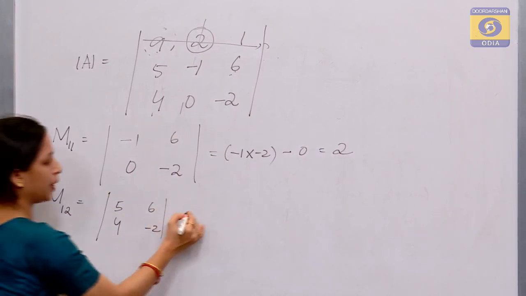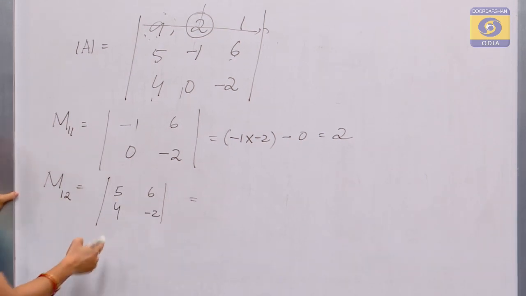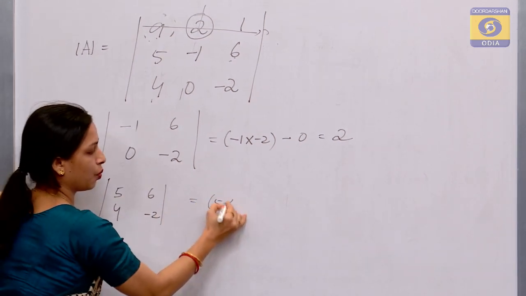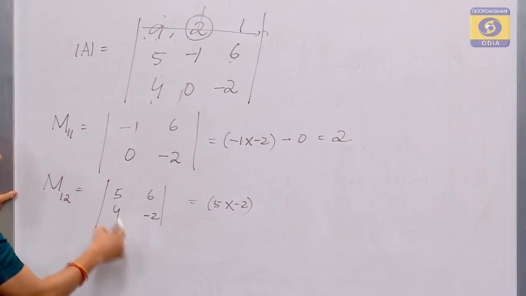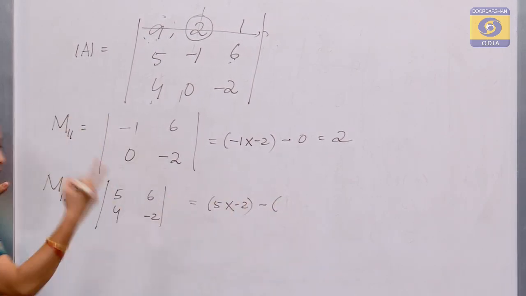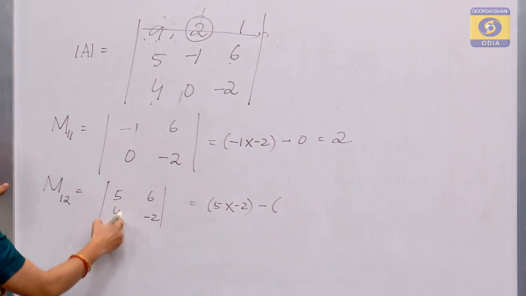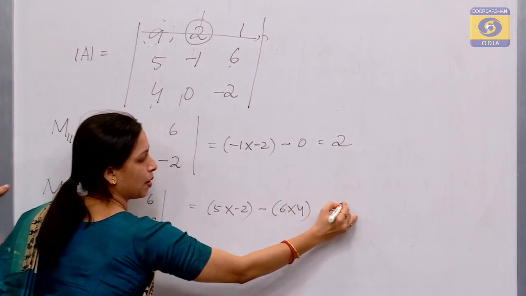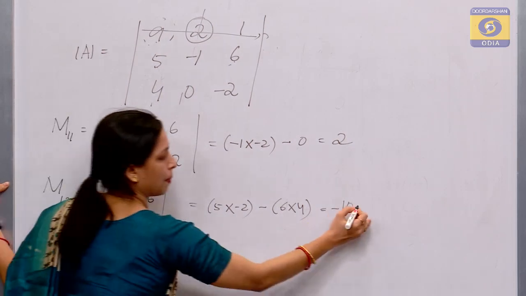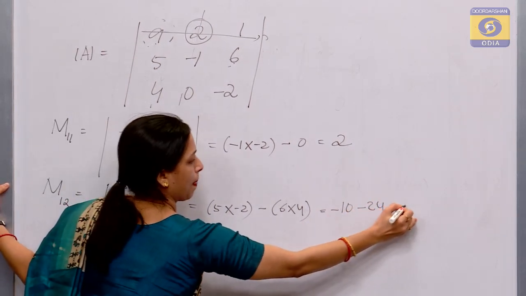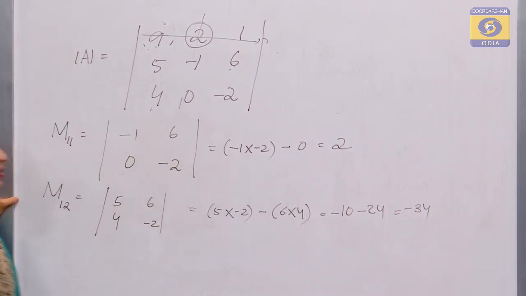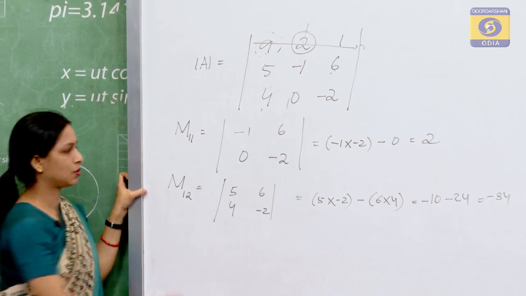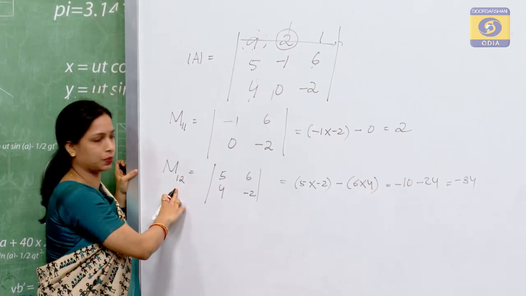Now, I cross multiply. So, 5 with -2, and then the difference of the opposite side diagonal, 6 into 4. What do I get? Minus 10 minus 24, minus 34. So, this is the minor of A12.